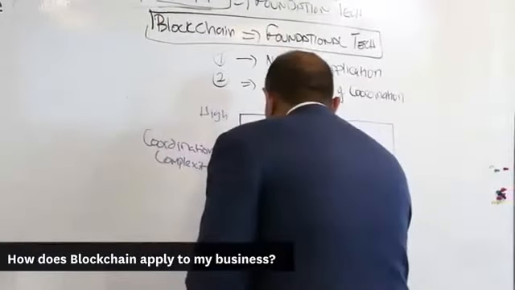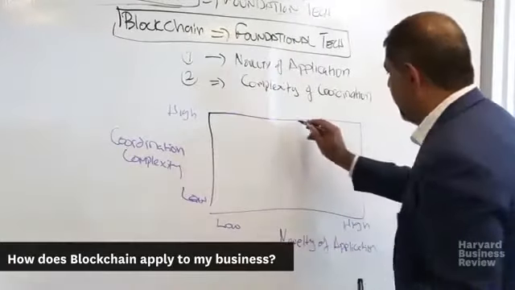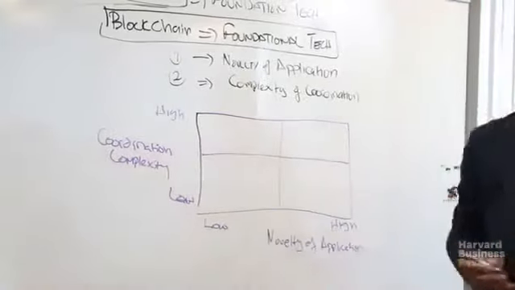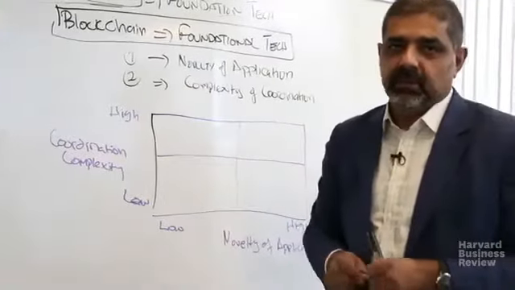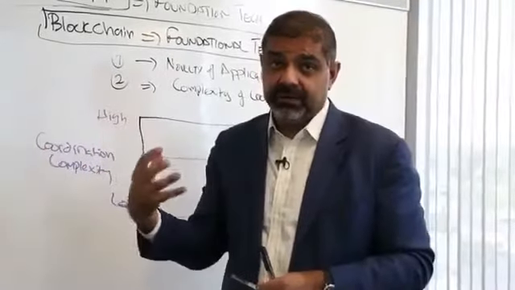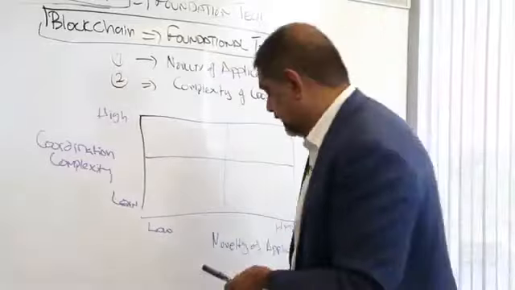And low or high. Okay? And then this allows us to think through where the technology is, what the applications are, and how difficult it will be for us to get adoption of these technologies.